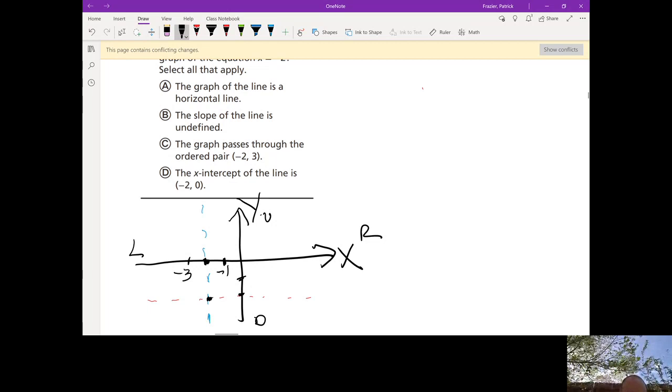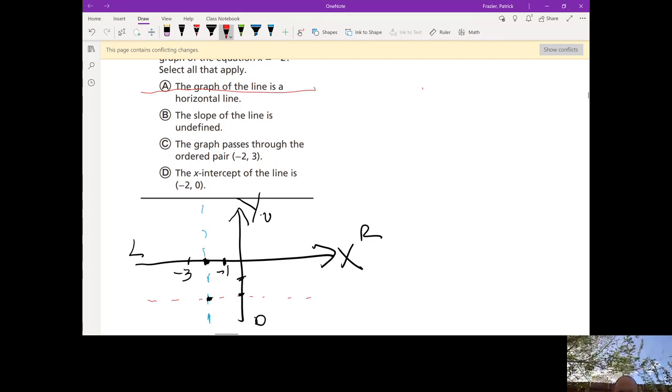Same thing if we're at x equals -1, so we know we have to be on the blue line for x equals -2, and that's a vertical line. This red one is horizontal, that's from left to right, but vertical is from up to bottom. A says the graph of the line is a horizontal line, so it's not a horizontal line. So let's cross out A.